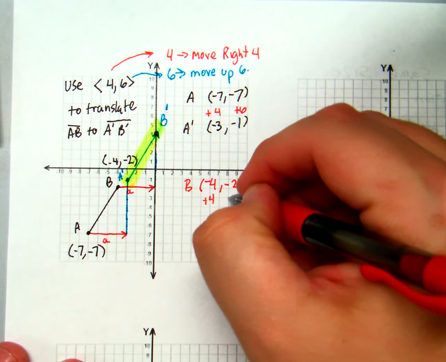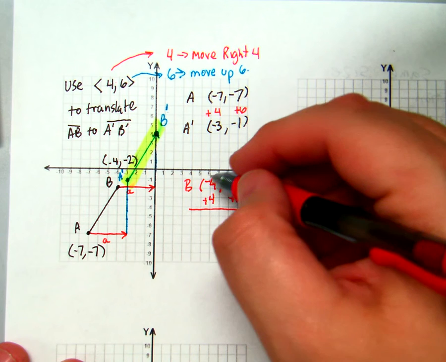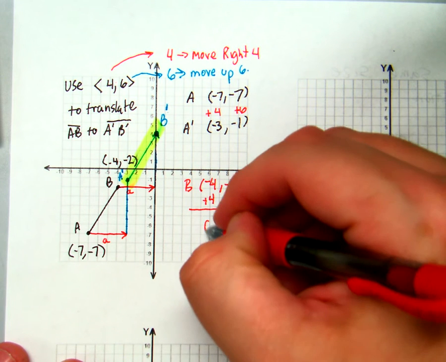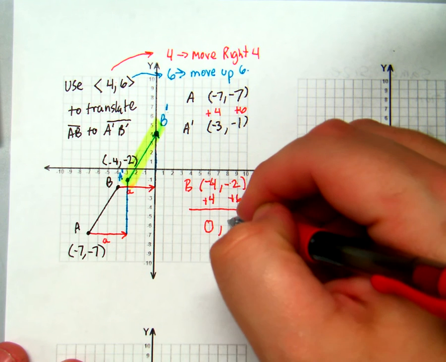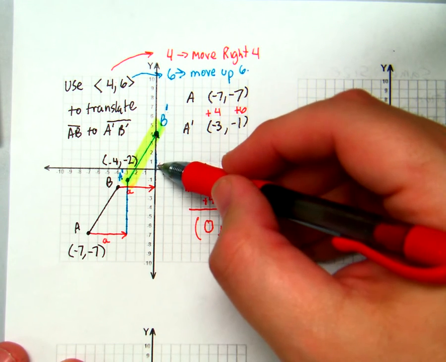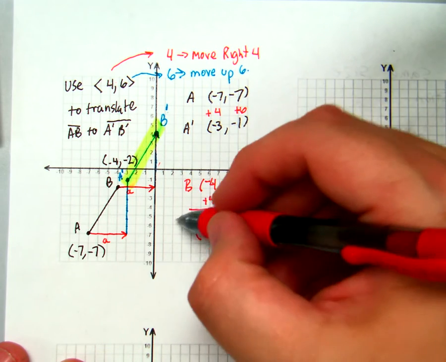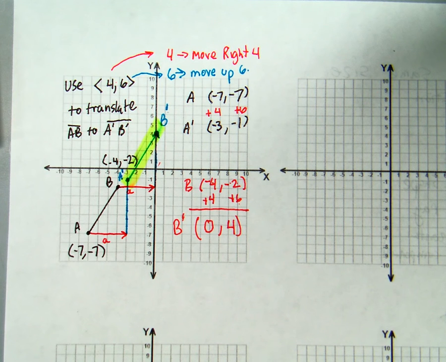What's -4 plus 4? 0. -2 plus 6? 4. So B prime is at 0, 4. A cool thing you can do with the vector is that you can actually add or subtract the vector values to the coordinates, and you can get your answers from there.